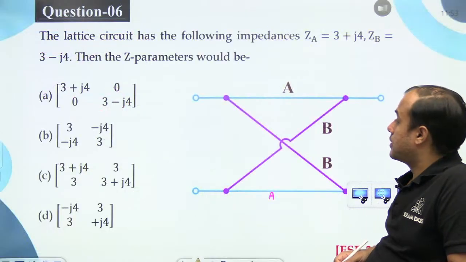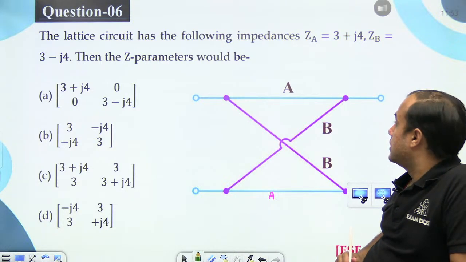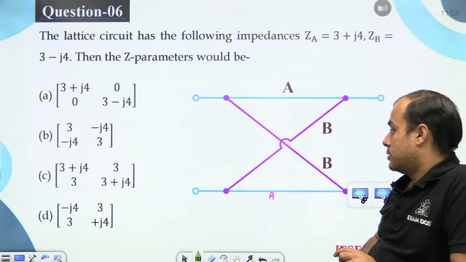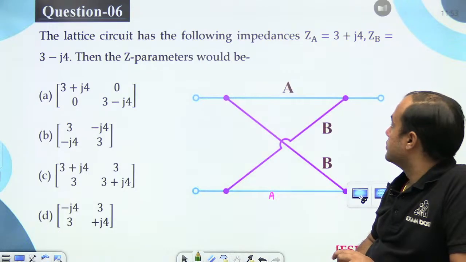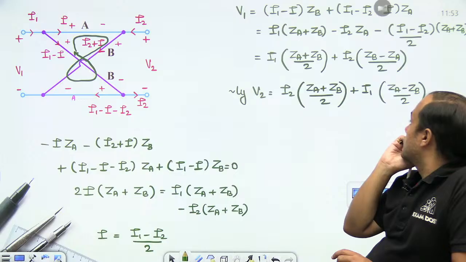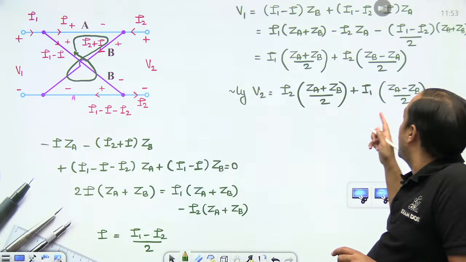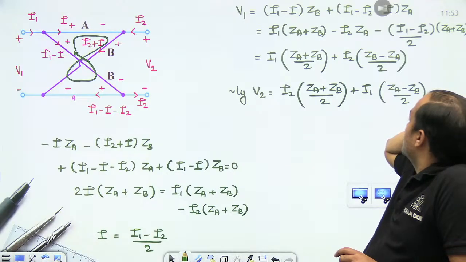Okay. So now ZA plus ZB by 2 is Z, and ZB minus ZA, ZB minus ZA is minus. V2 will be V1 minus I into ZA.